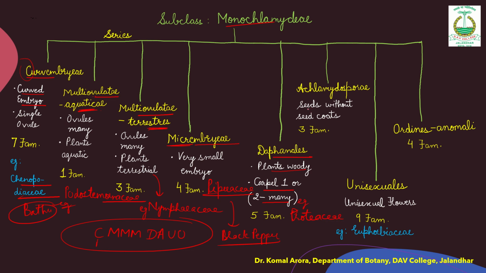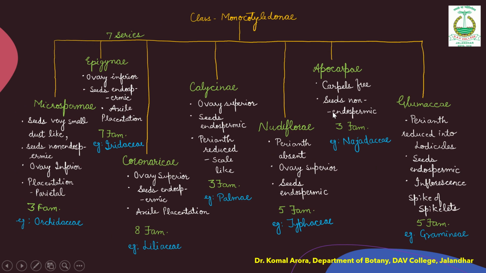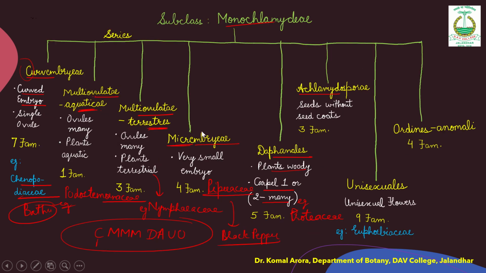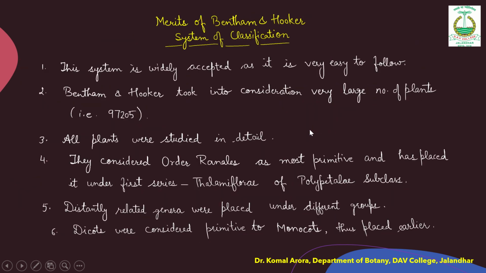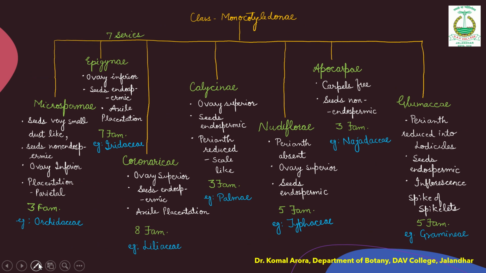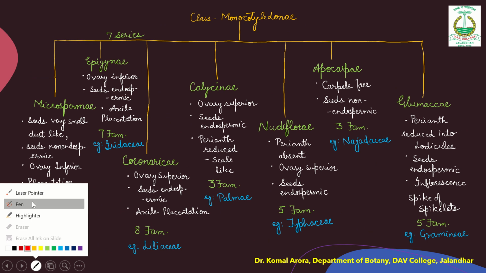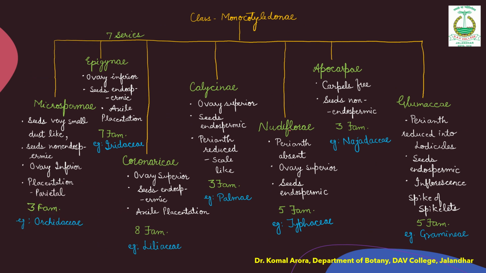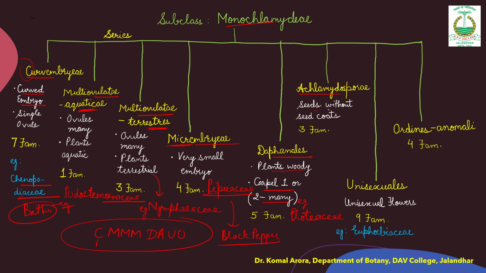Next comes Achlamydosporeae. Achlamydosporeae means seeds are without testa. So there is no seed coat. Seed coat is testa.